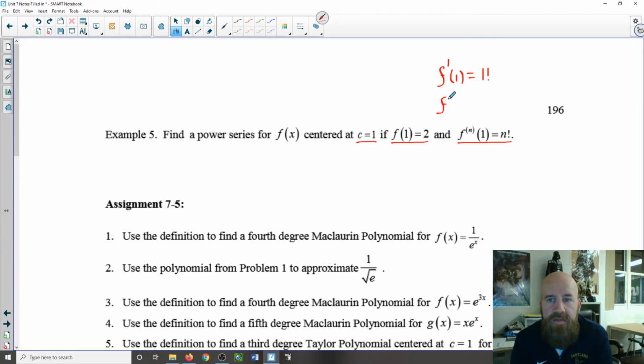And then the second derivative evaluated at 1, we're dealing with 2, so that's going to be equivalent to 2 factorial. And if we did the third one, you probably see the pattern already. The third derivative evaluated at 1 is going to be 3 factorial.